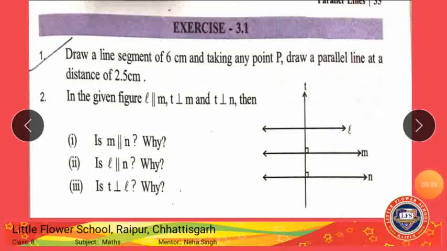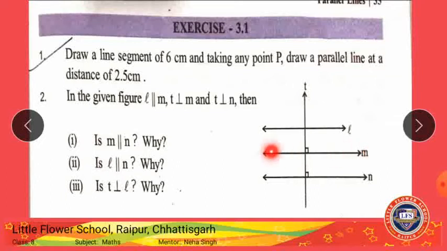Second question: in the given figure, L and M are parallel. L is parallel to M. This sign is for perpendicular, this sign is for parallel, this sign is for perpendicular, 90 degrees. T and M are perpendicular. See, T is perpendicular to M, T is perpendicular to N. You need to find: is M parallel to N?